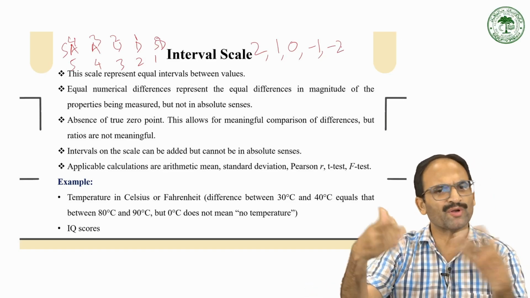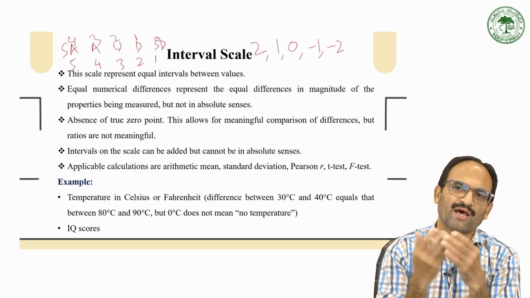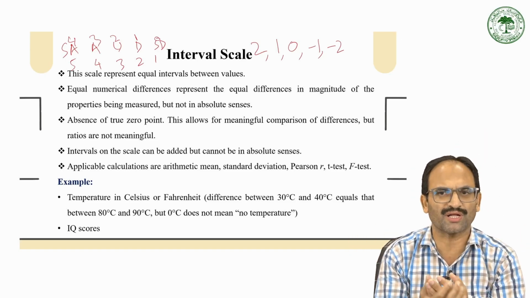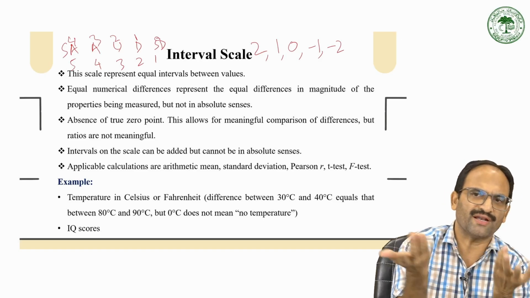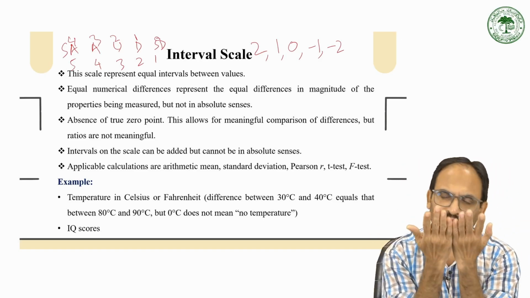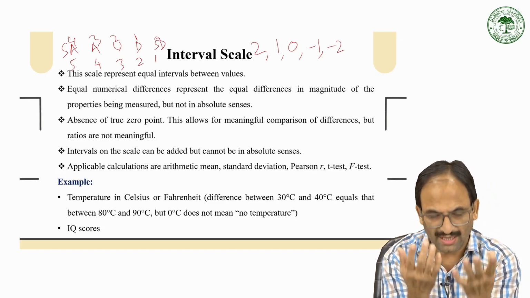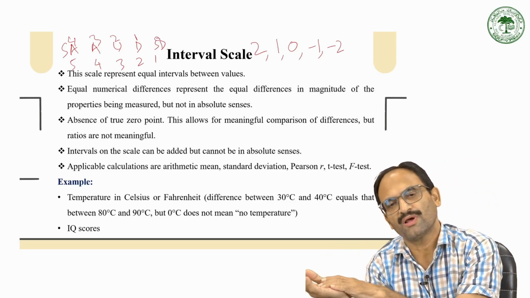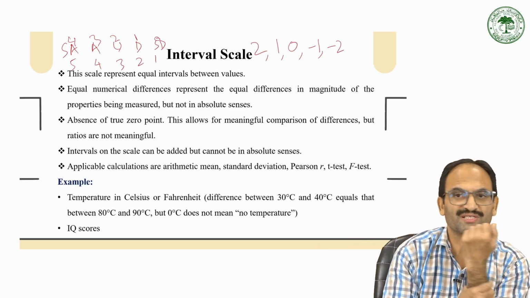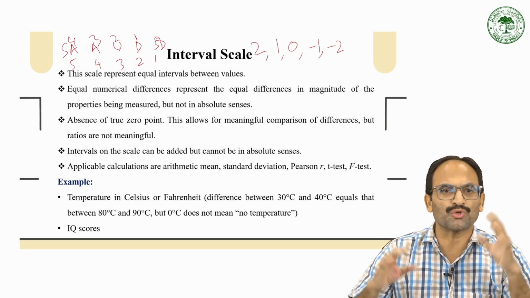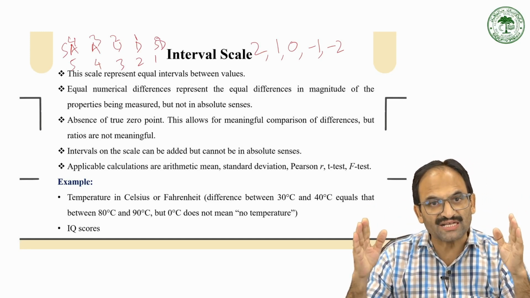So again there will be no problem. I will be collecting the opinion on all the 30 items, and I will be putting the score, then I will be finding the total, and from that score I will be able to know whether the students have in general a favorable or unfavorable attitude towards internal evaluation. So this type of scale is known as interval scale.